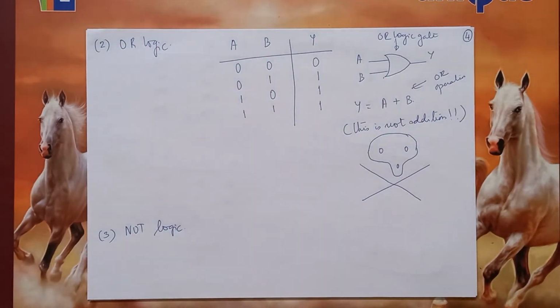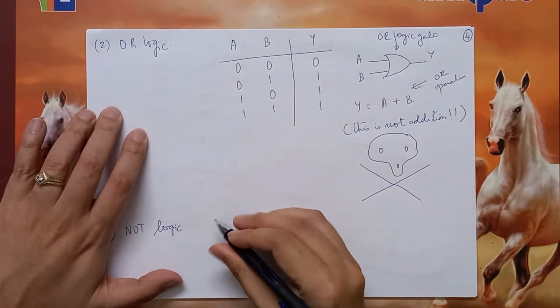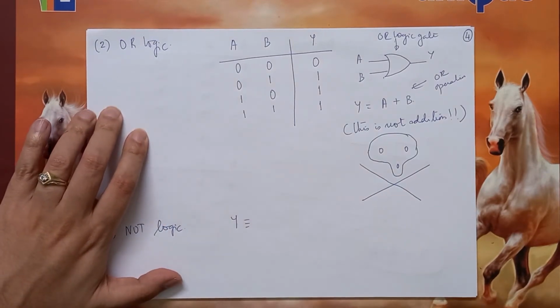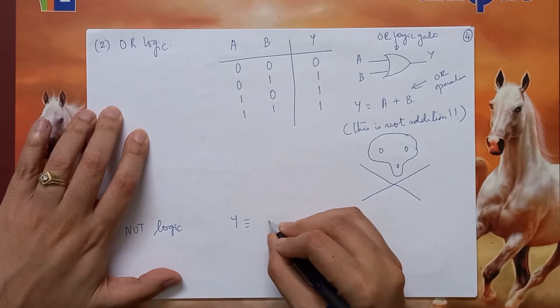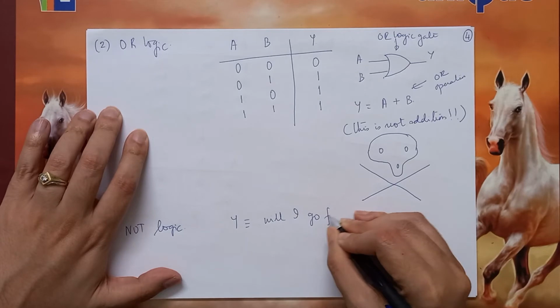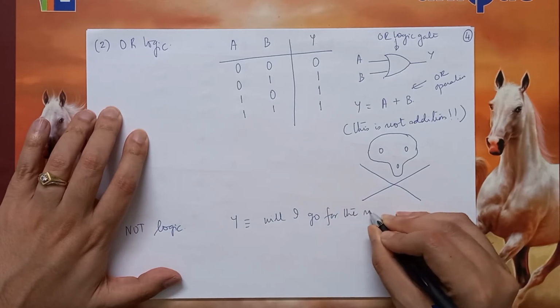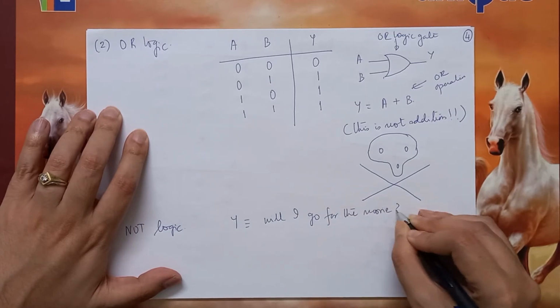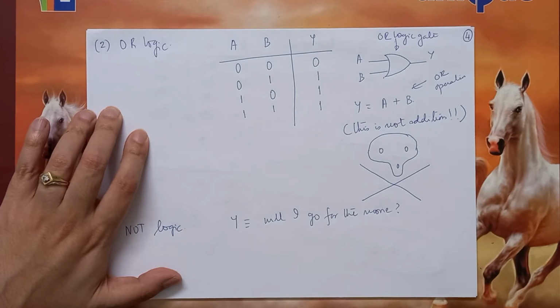The second thing is that outside it should not be raining. It should be dry. So therefore, let us say my decision Y is, will I go for the movie? That's the decision I have to take.